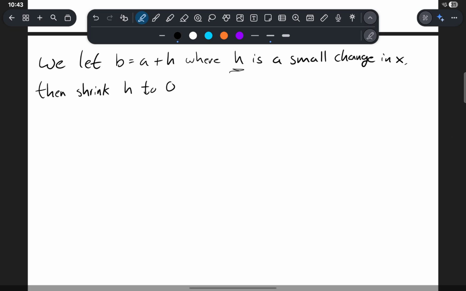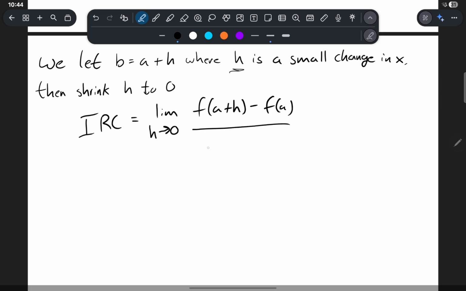So we have the IRC, short for instantaneous rate of change, which is equal to the limit as h approaches 0, right? This is important, of f of a plus h minus f of a over h.